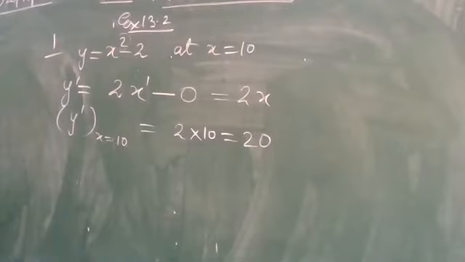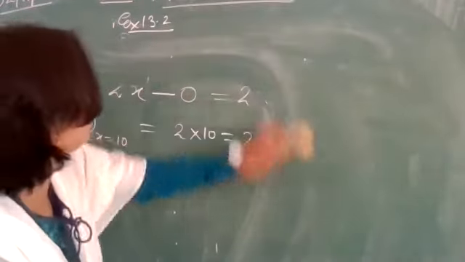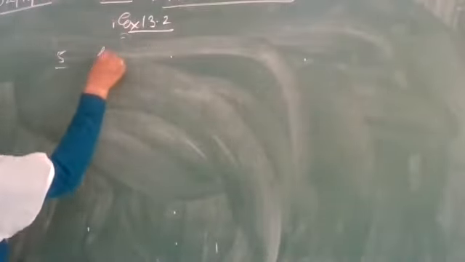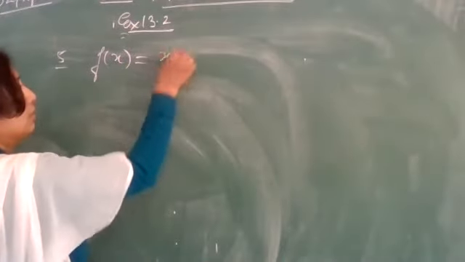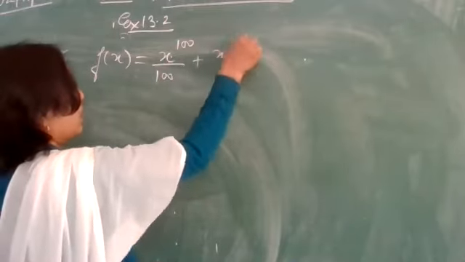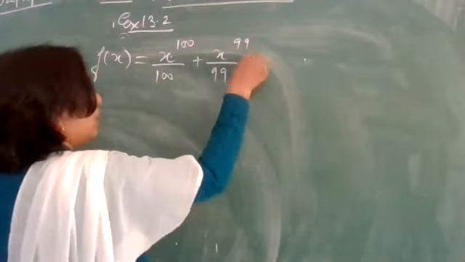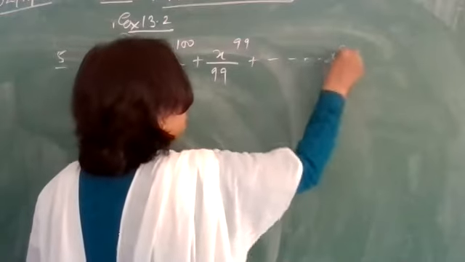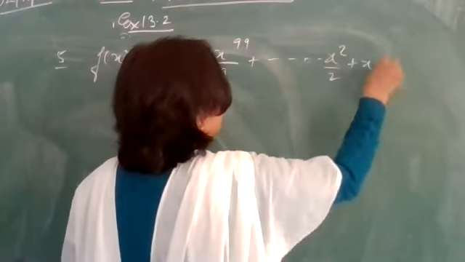Okay, let's come to another question. We are taking question number 5. Now we are given f(x) as x raised to the power 100 upon 100 plus x raised to the power 99 upon 99 plus ... plus x square upon 2 plus x plus 1.